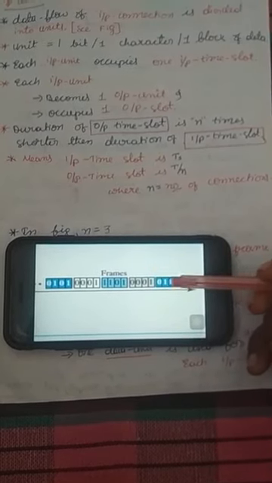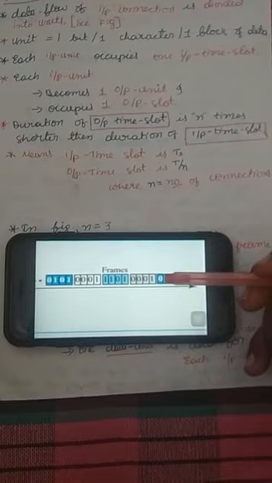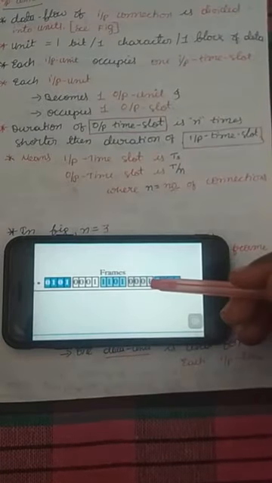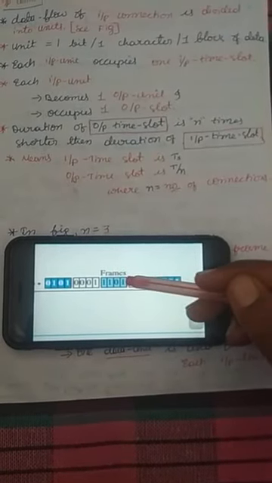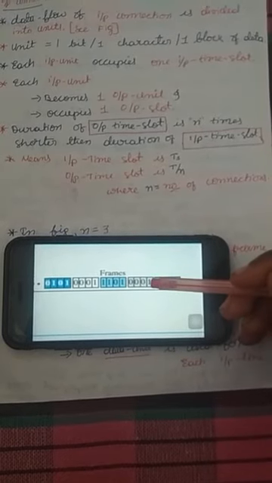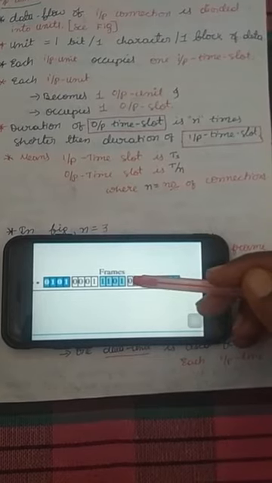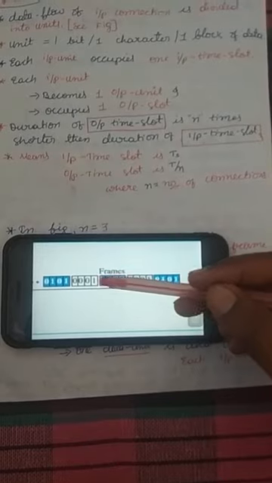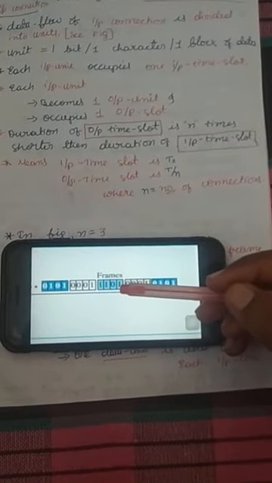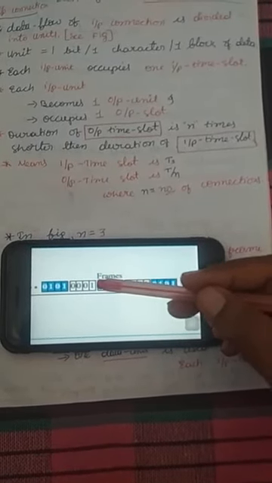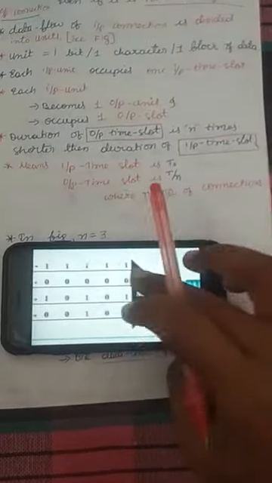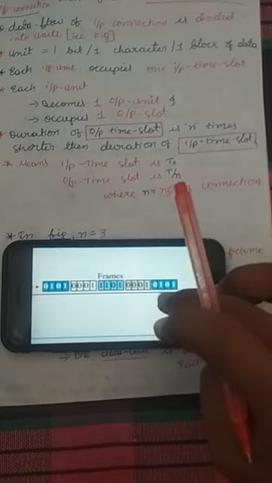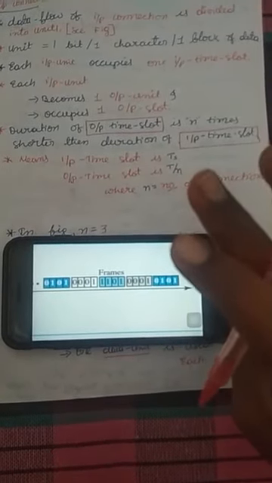In one frame there are 4 slots: 1, 2, 3, 4. Here to here is another frame, and here also there will be 4 slots. Next, here to here is another frame, containing 4 slots. Like this only. If there are 4 connections, then each frame will have 4 slots.